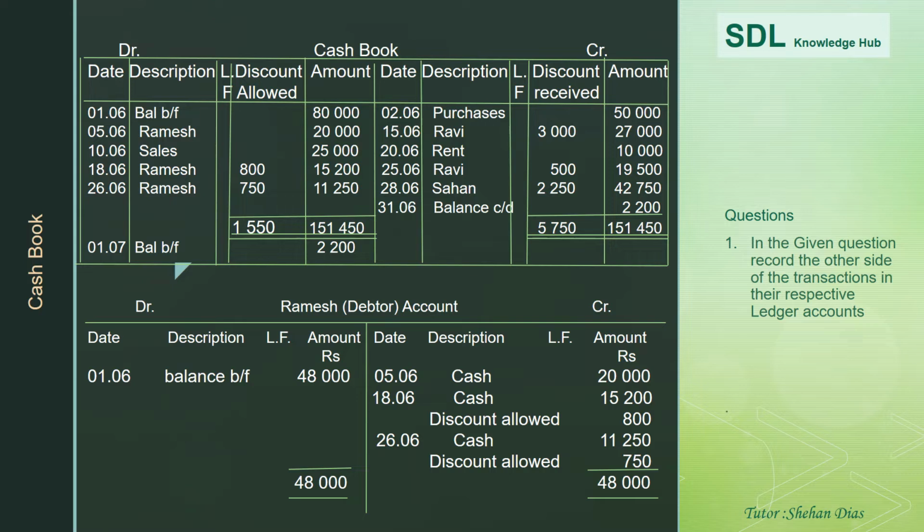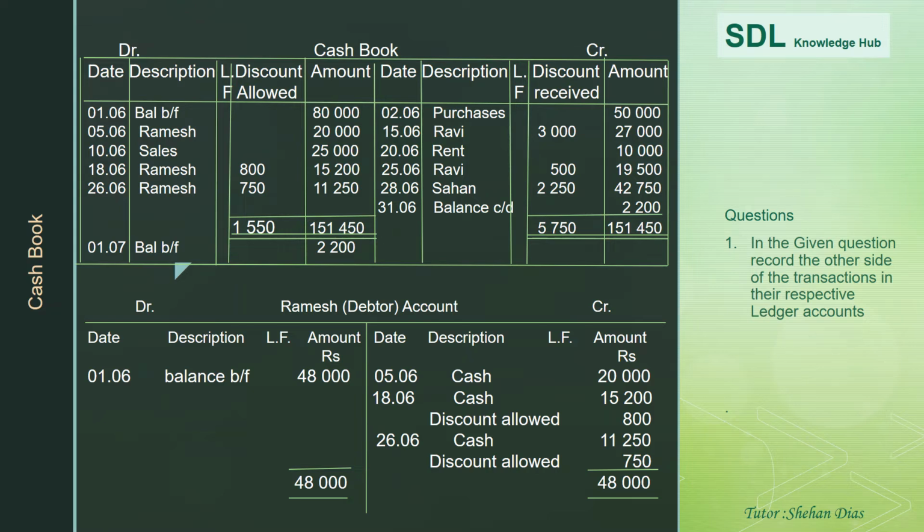Now on 15th June, a 10% discount was received when the amount owed to Ravi was settled. So Ravi is a creditor. First we need to find the discount. 10% of 30,000 is 3,000. So the payment actually made by cash is 30,000 minus 3,000, which is 27,000. We can record this in the cash book.